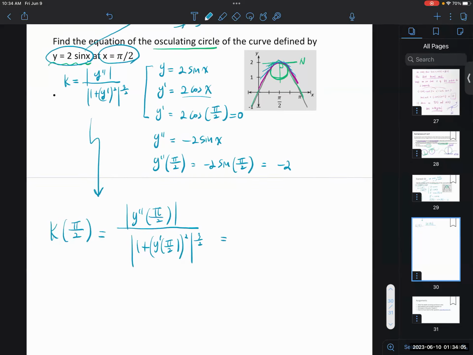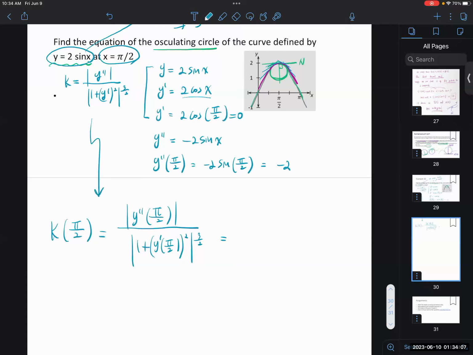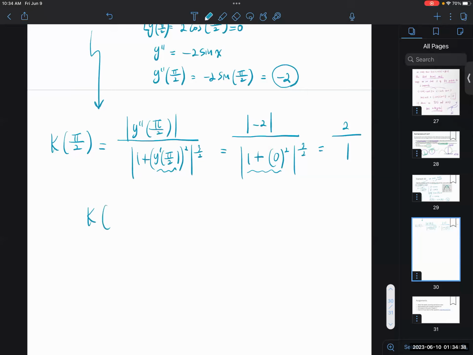What is y double prime at pi over 2? This is negative 2, so we have the absolute value of negative 2 over 1 plus y prime at pi over 2 squared. We already have y prime at pi over 2, that was 0. So 0 squared to the power 3 over 2. So 2 over 1, isn't it? So we got the curvature at pi over 2 is 2.